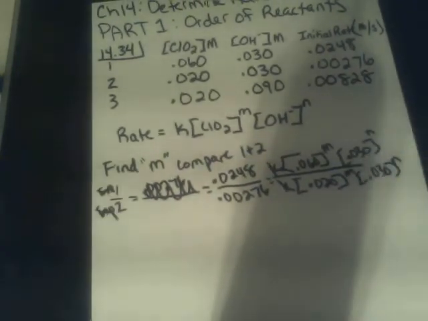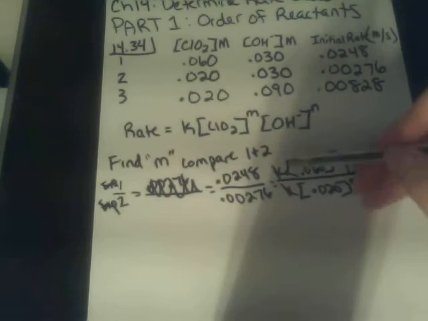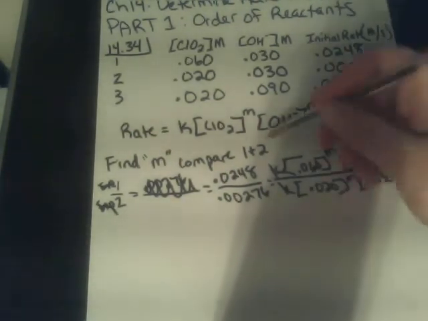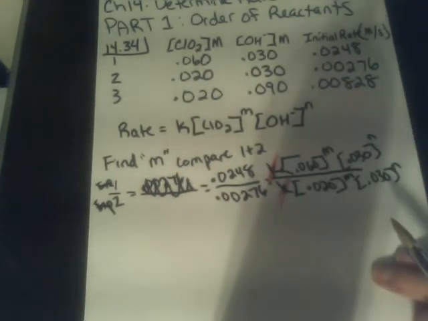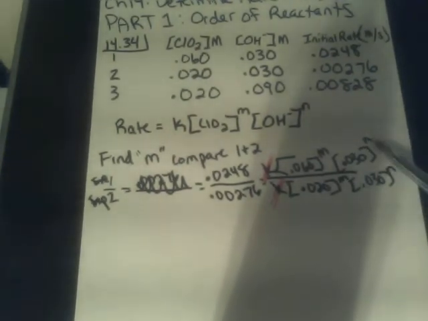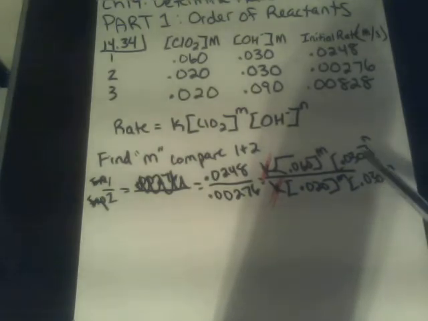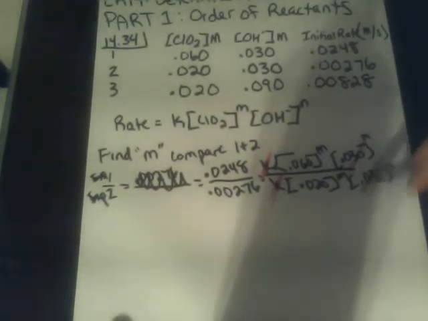So what do we notice here? We've got to kick our brains into overdrive and go back to algebra. k is going to be the same no matter what, correct? So dividing k by k is redundant. Whatever n is, it could be 0, 1, or 2, we have 0.030 to the power of n in both, so this term is redundant.